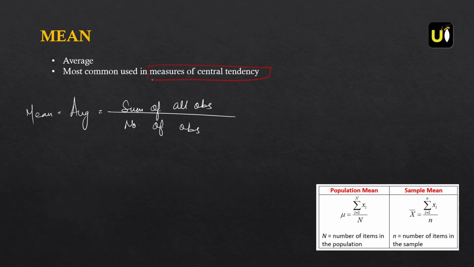All right, so we have two types of mean, that is population mean and sample mean. Population size is denoted by capital N, and sample size is denoted by small n.